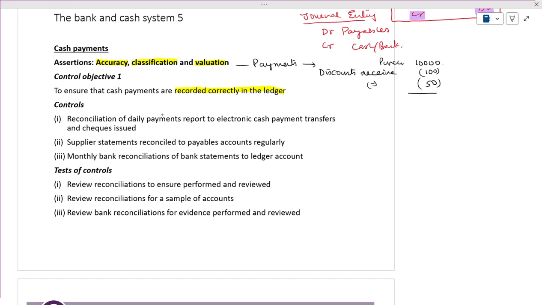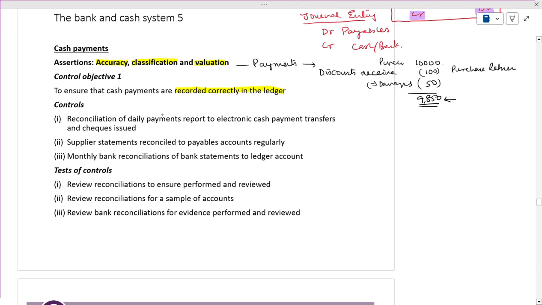Sometimes you will also have purchase returns. You have purchases, discount received, damages, and purchase returns, then you will say this is the net amount of purchases, 99,850. Then we are issuing a check for this.